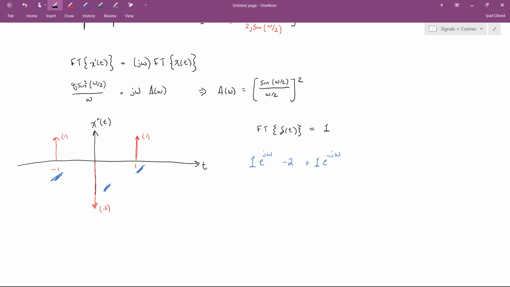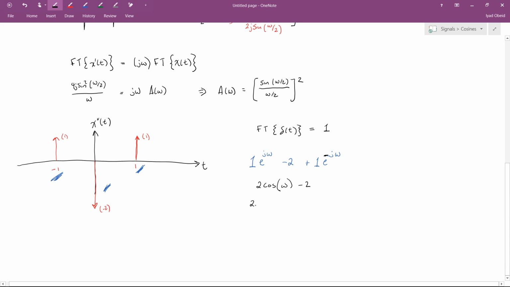And because I feel like it, I can tidy that up a little bit. The two j omega terms are going to combine together. Sorry, that's just to make it clear, that's minus j omega. That's going to give me 2 cosine of omega minus 2. And then I can use a trig identity, I think it's the half angle formula.